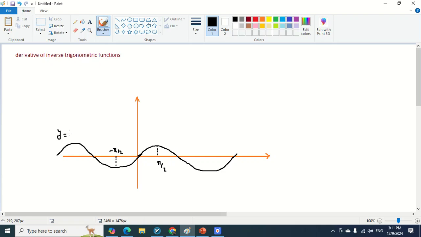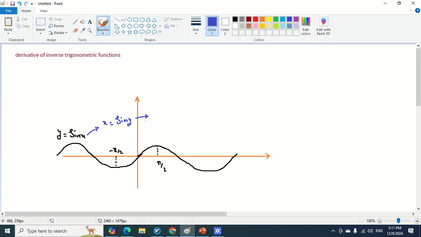If we want to have an inverse for this function, then we should change the places of y and x again. If we do that, it means that x should be equal to sine of y indeed. And we denote this function by sine inverse.